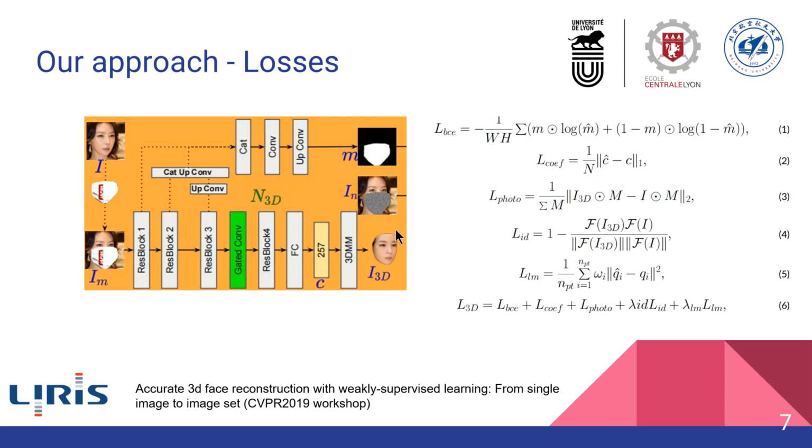This is the loss function of the N3D. The segmentation task is solely guided by a binary cross-entropy loss. And the 3D reconstruction branch outputs a vector containing the face shape, pose, texture, and illumination information.